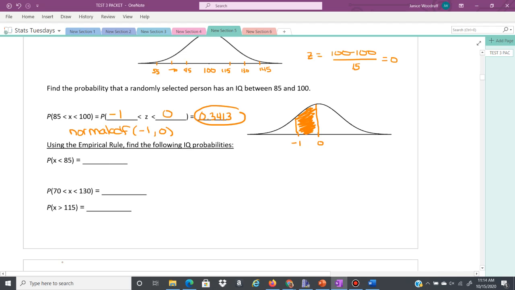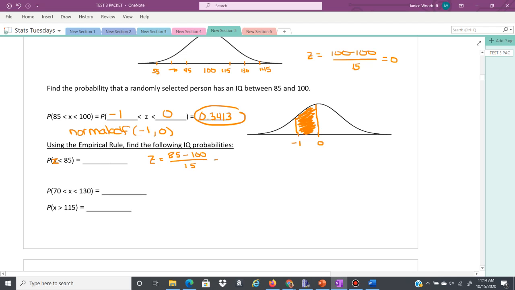Find the probability of a z being less than 85. These should say z, I'm sorry, they don't say it. What we want to do here is convert this to a z-score. So z equals 85 minus 100 over 15.